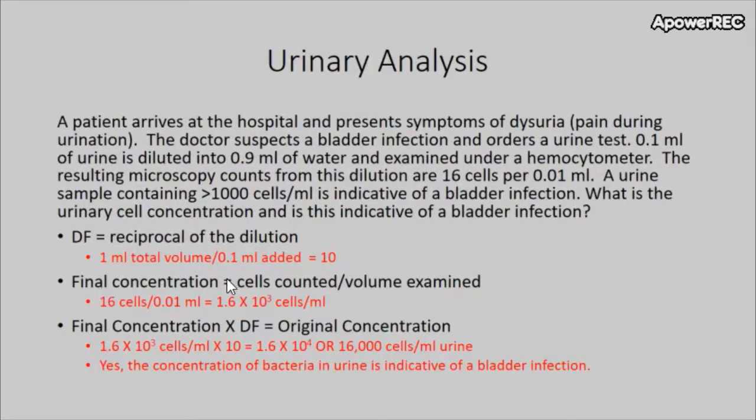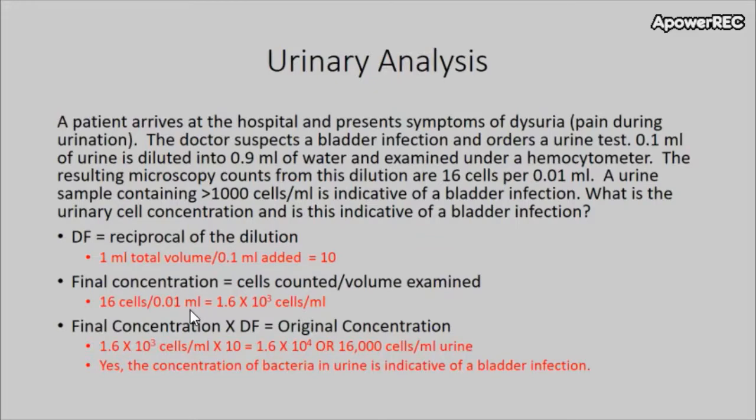And our final concentration of cells is the number of cells counted divided by the volume examined. So in the case of that first plate count, the volume examined was 0.1 mils. In the case of this hemocytometer, the volume examined was 0.01 mils. And the person counted 16 cells, so 16 divided by 0.01 tells us the number of cells per mil in that final concentration.